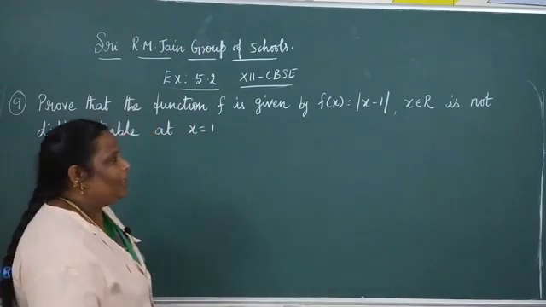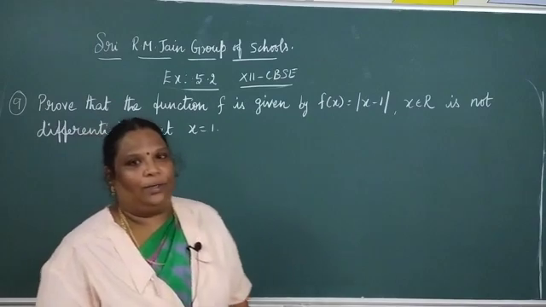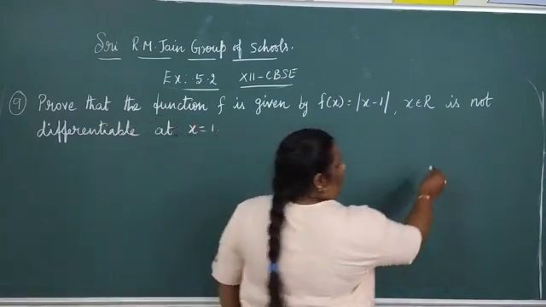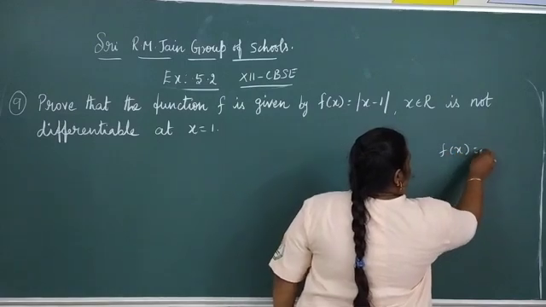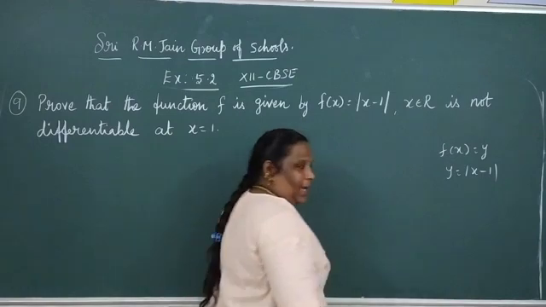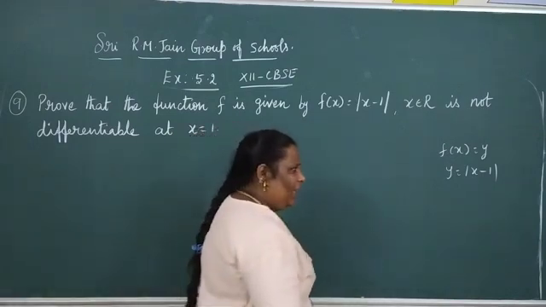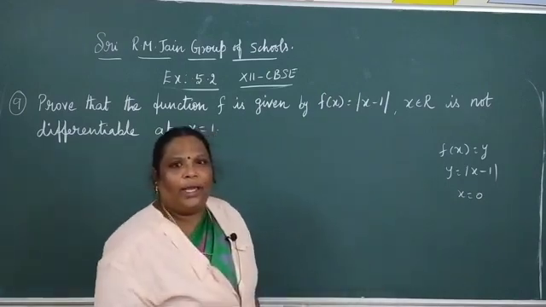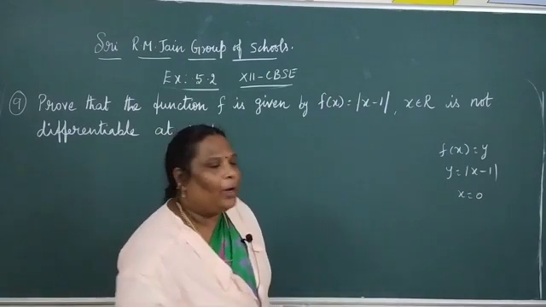See here, modulus of x minus 1. Substituting f of x equal to y, that is y equal to modulus of x minus 1. When I substitute x equal to 0, what is the value of y?